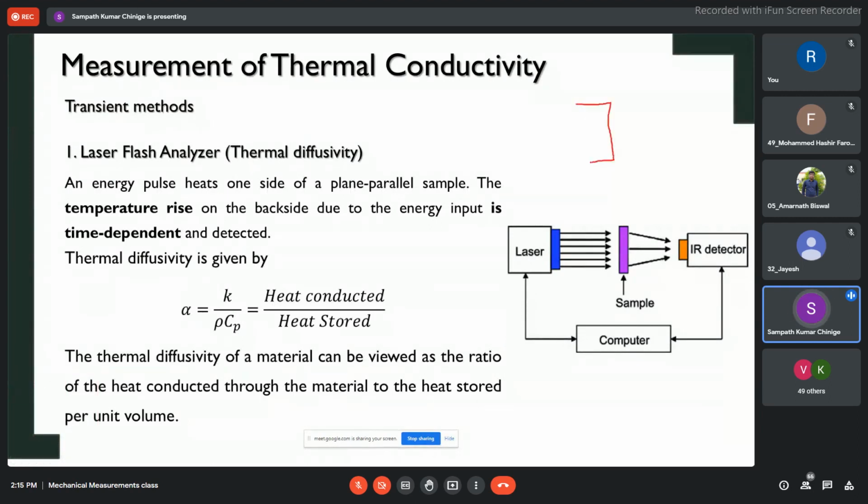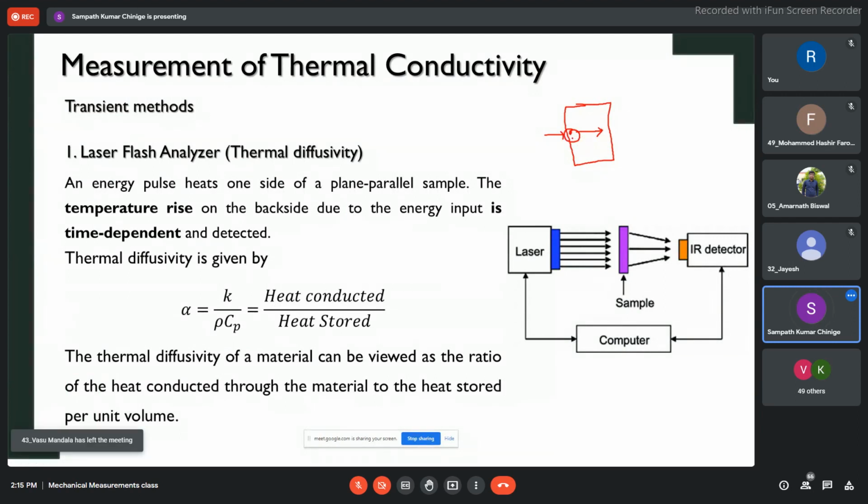The material has two properties. When I give heat, it may either store that heat or transfer it. If it is storing, it will not transfer the heat. The more the storage, the lesser the thermal conductivity, so the less it transfers. Or if it has high thermal conductivity, whatever energy it takes, it immediately transfers. That means storage capacity is low.